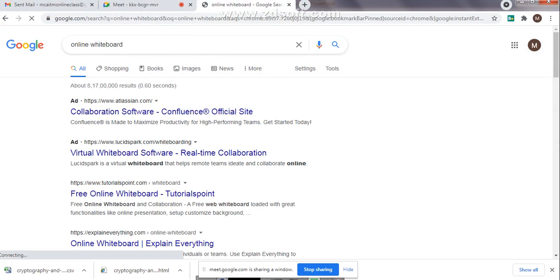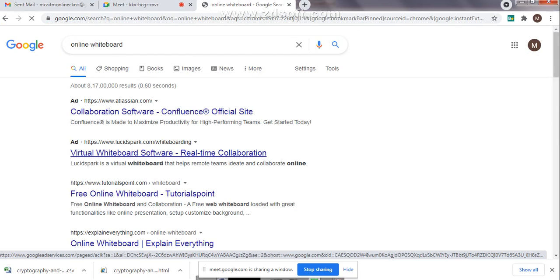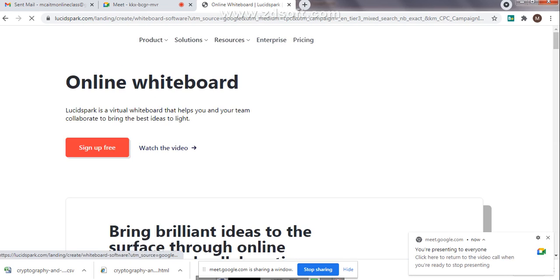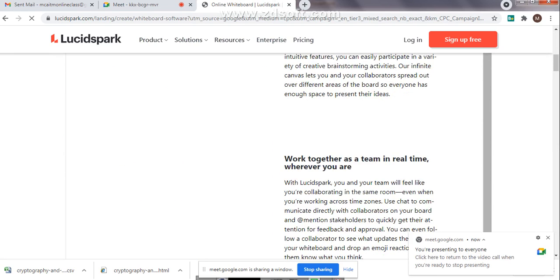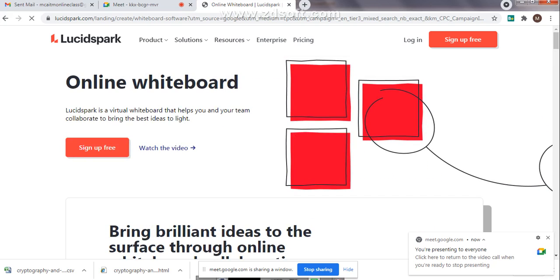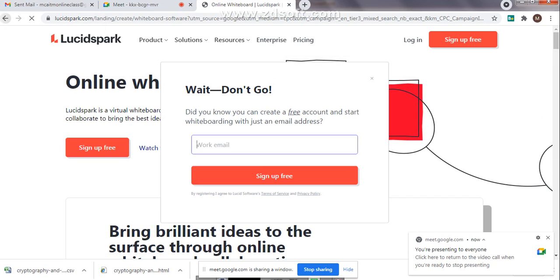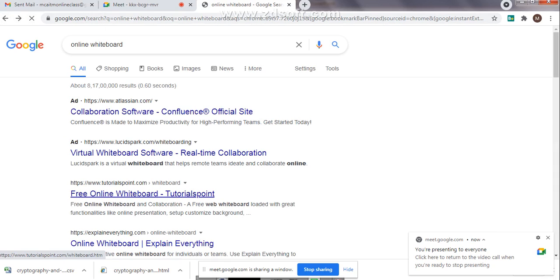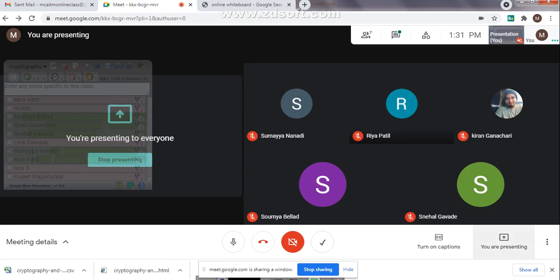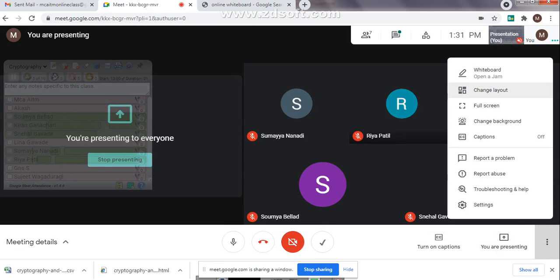It is not opening. Otherwise, is it possible for me to take a Jamboard? Whiteboard?